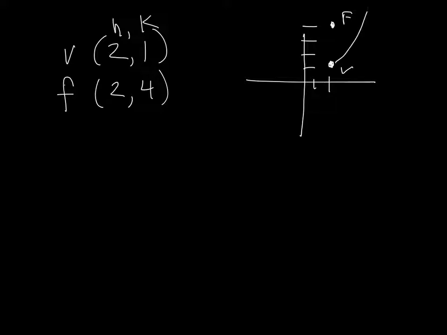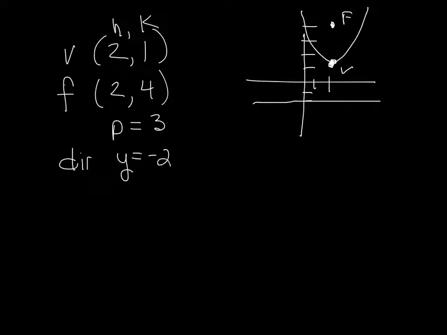So the parabola is going to open up. In this case, what is p? 3. If my vertex is at 2, 1, I've got to go down 3 to get my directrix. So 1 minus 3 is -2. Is it going to be x equals or y equals? y equals -2.